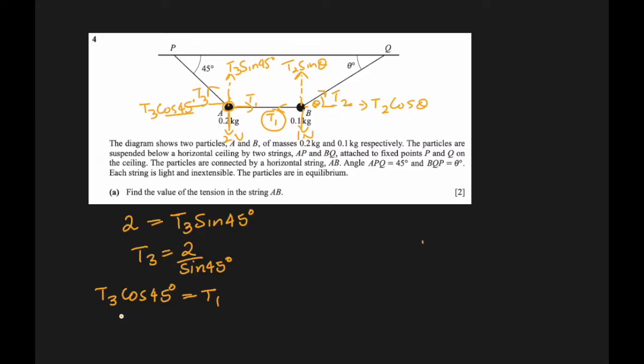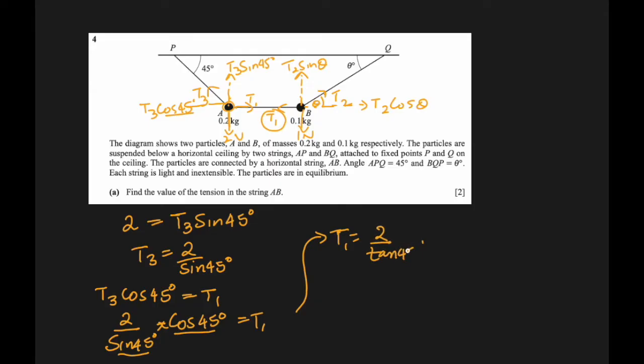T3 is already known as 2 over sine 45, multiplied by cos 45, equal to T1. Sine over cos is tan, so T1 becomes 2 divided by tan 45, which is 1. So 2 divided by 1 is 2. So the tension in the cable AB is 2 newtons only.